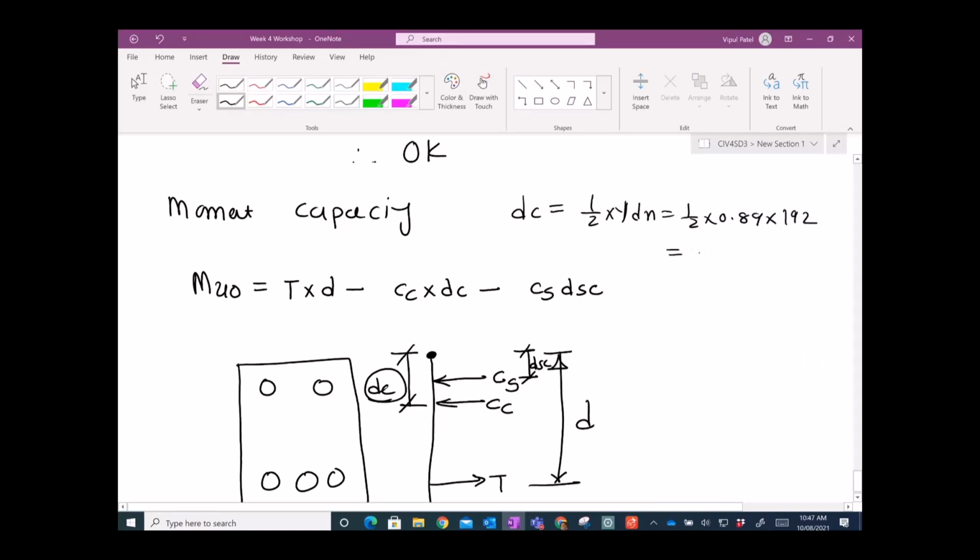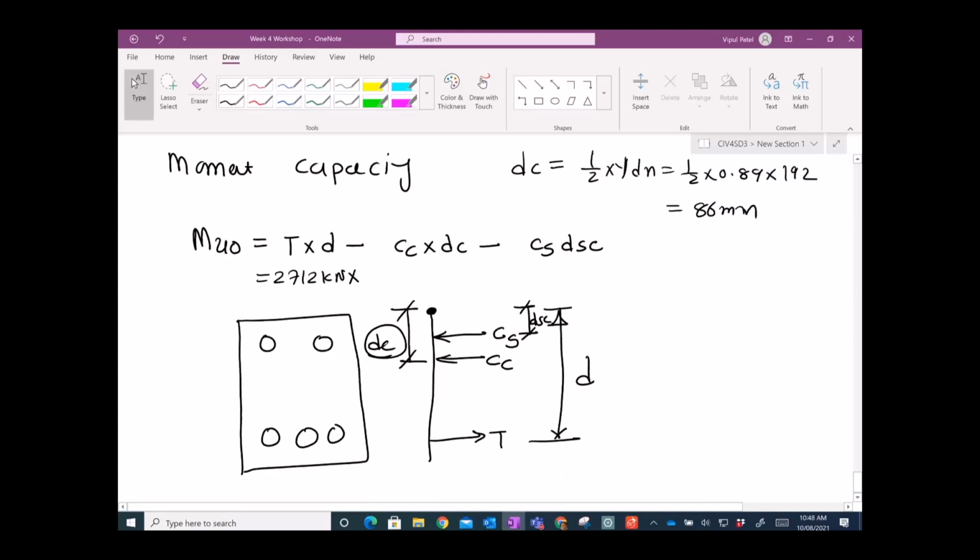So you get that one as 86 millimeters. So we have all the values. The force is 2712 kilonewtons times the depth, 0.71 meters. Concrete is 1977 times this 86, which is 0.086 meters.